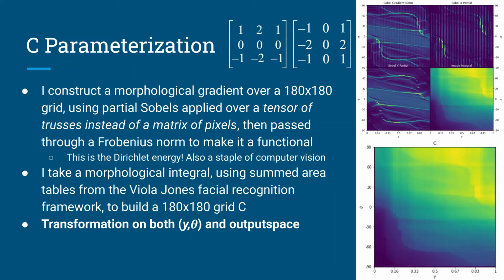By then applying a Frobenius norm, this turns it into a functional. By then taking a morphological integral, which I took inspiration from the Viola-Jones framework for, this builds a one-dimensional space C that represents, in some sense, the Dirichlet energy.